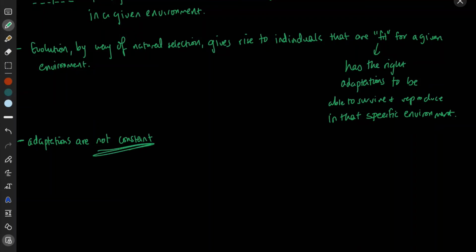And the reason for that is, if the environment changes, so will the adaptations necessary to survive. So, for example, let's say you have a lake where you have fish, and the adaptations necessary to survive will be those of an aquatic environment. And then let's say the lake dries up over, obviously, thousands of years and then becomes land, and so now the adaptations necessary to survive in that environment are going to be different from when it was a lake. So adaptations are not constant.